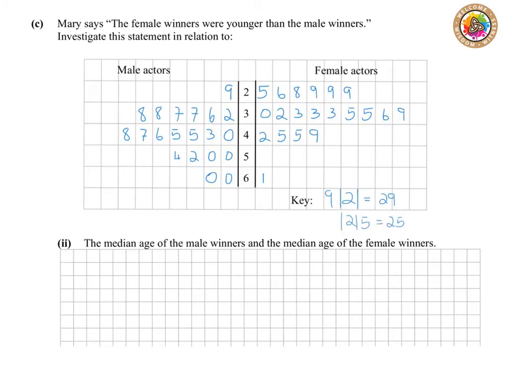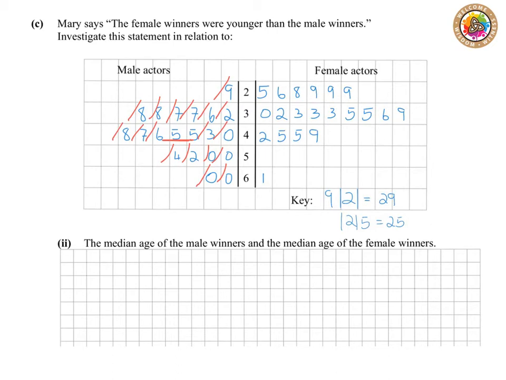So in order to calculate the median, well, I begin with my smallest number and I work my way in. So here I'm going to have 29 for male and 60, and then the next smallest is 32, my next biggest is 60. My next smallest is 36 and my next biggest is 54, 37, 52, 37, 50, 38, 50, 38 and 48, 40 and 47, 43 and 46, which leaves me with two numbers here in the middle.